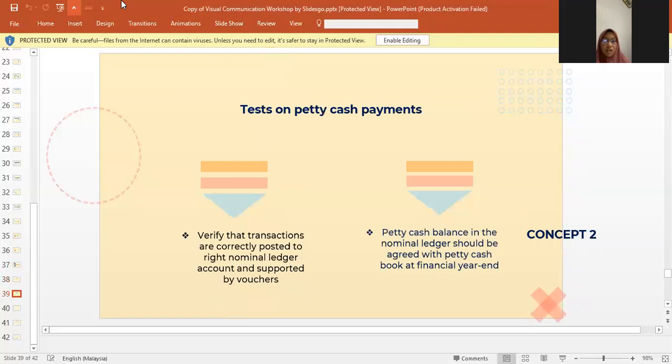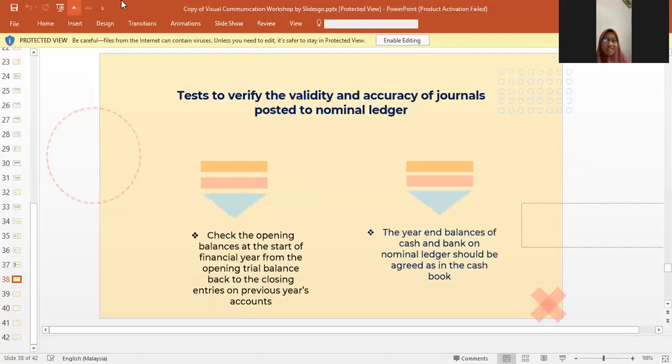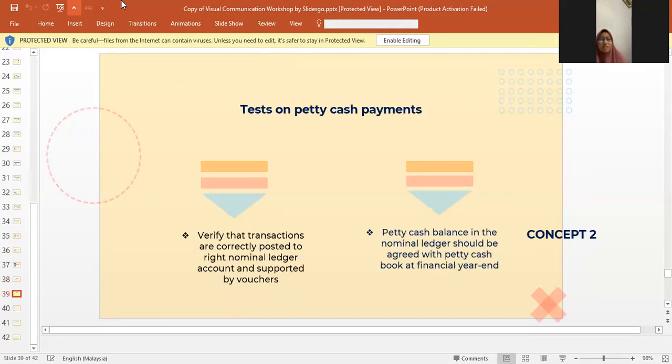Second, ensure that the year-end balances of cash and bank in the nominal ledger agree with the cash book. Next, tests on petty cash payments.